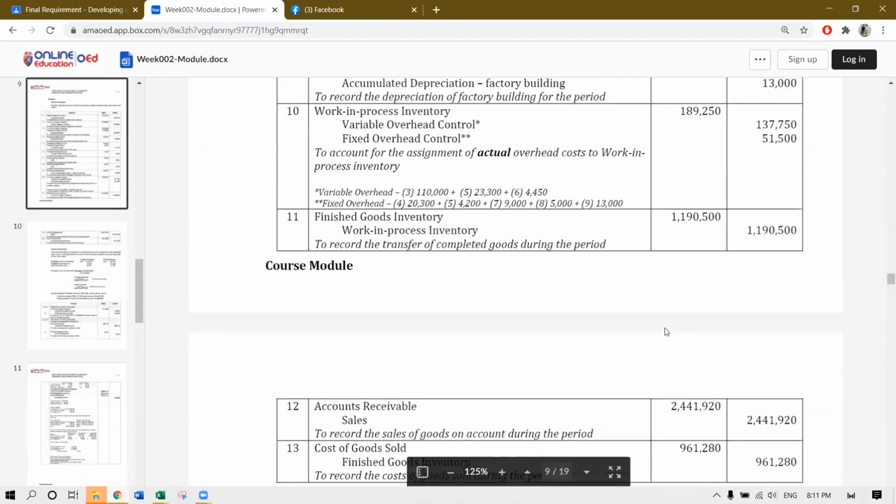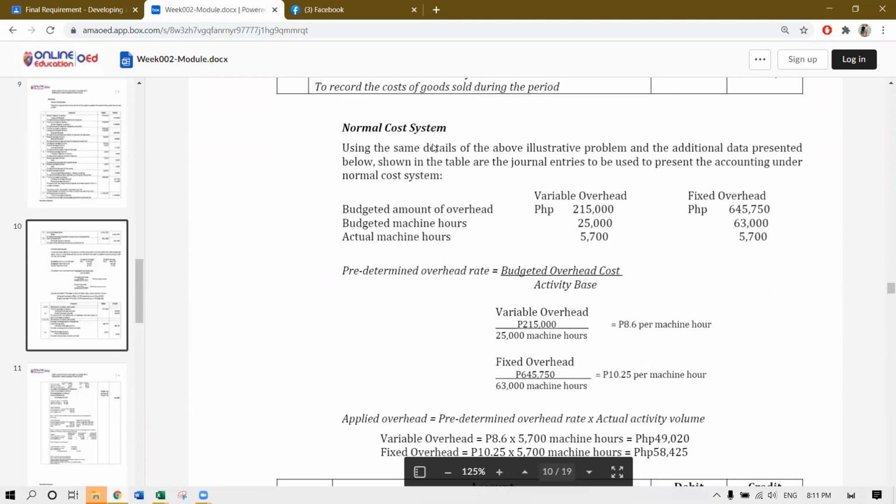Papio la inikitahan normal cost system. Okay. Using the same details of the above illustrative problem and the additional data presented below, shown in the table are the journal entries to be used to present the accounting under normal cost system. Variable overhead, fixed overhead. Budgeted overhead costs.